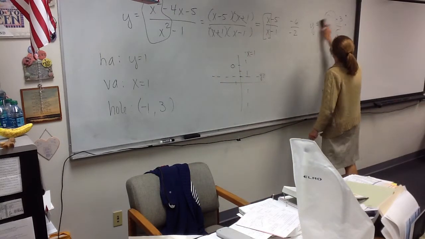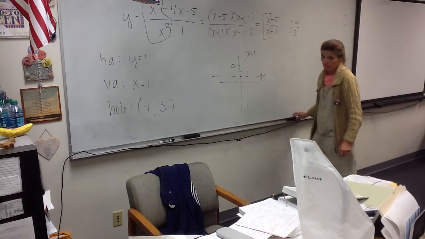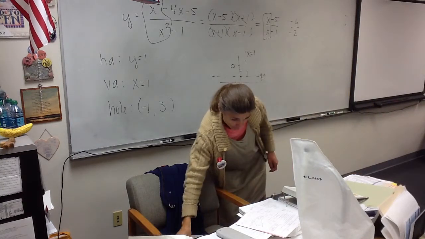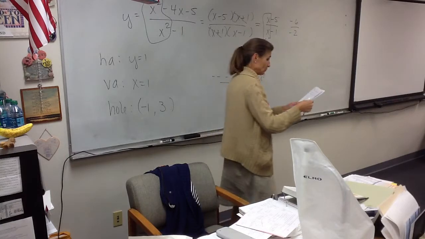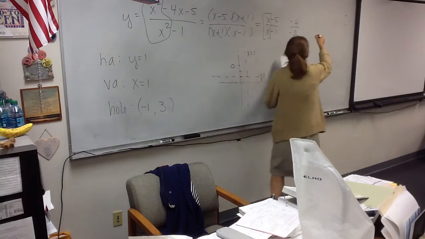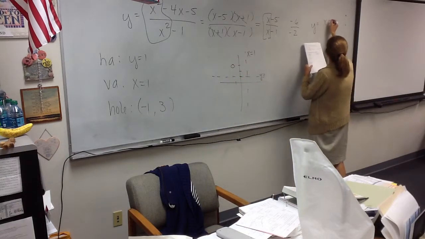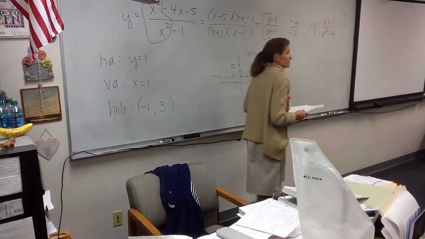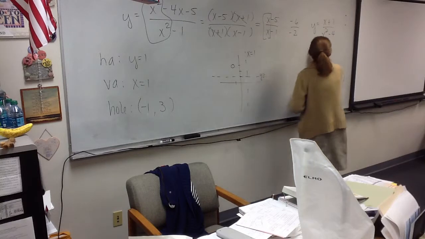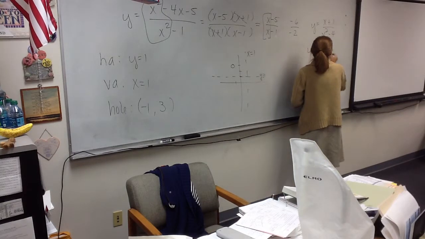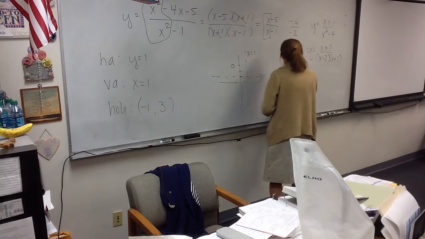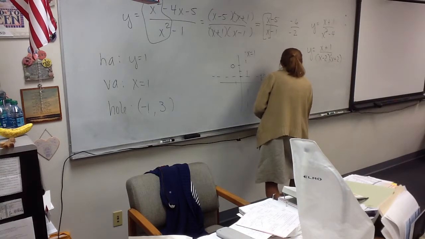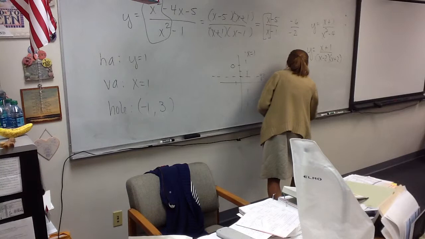All right, next. Okay, we're looking at C. So we'll factor. Does anything cancel this time? No, so you get... which simply means that I'm not going to have any holes.